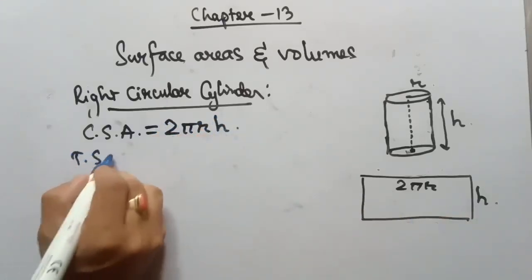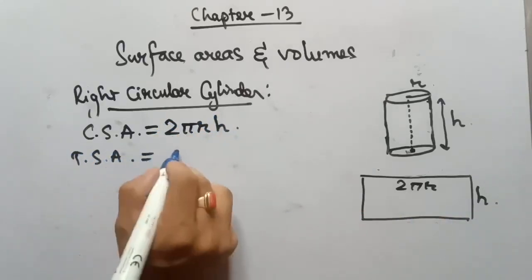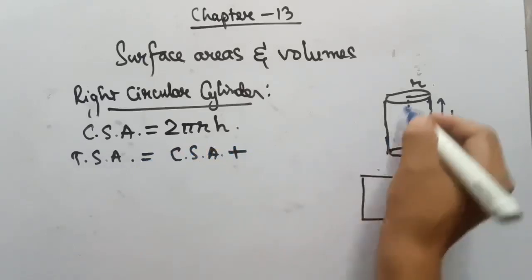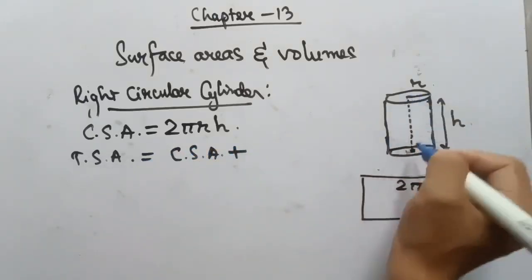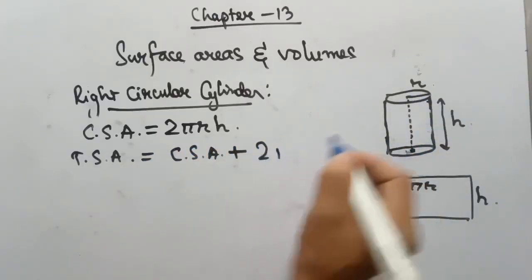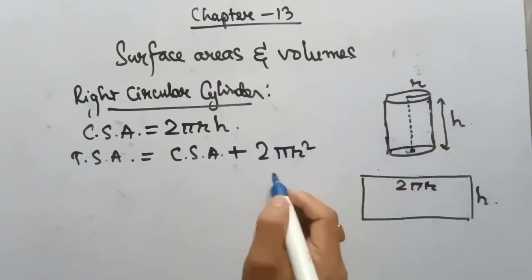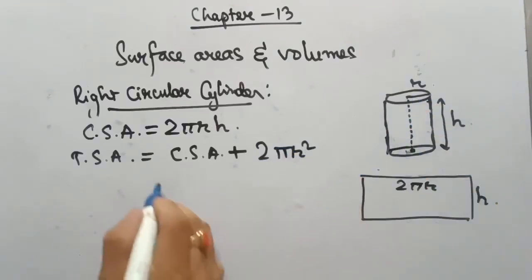The total surface area will be equal to the curved surface area plus the area of these two equal circles. The area of a circle is given by pi r square. Since there are two equal circles, we multiply by 2.